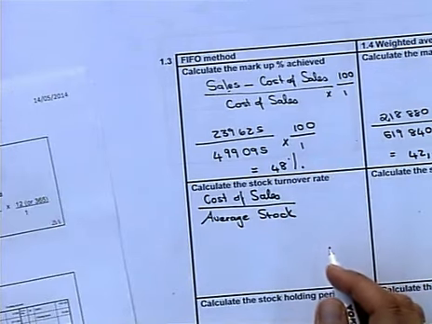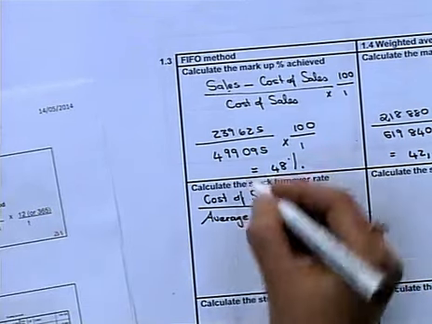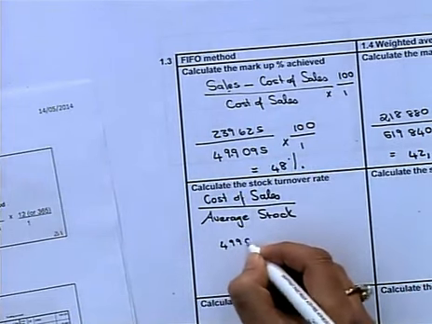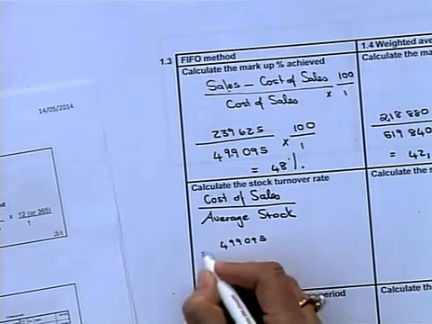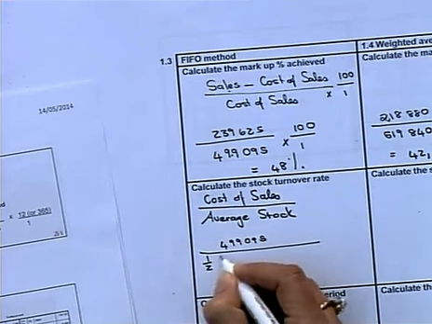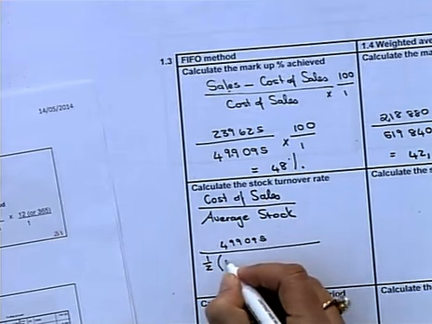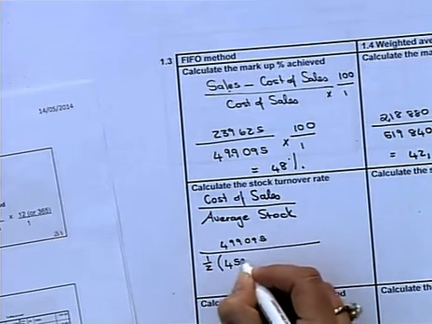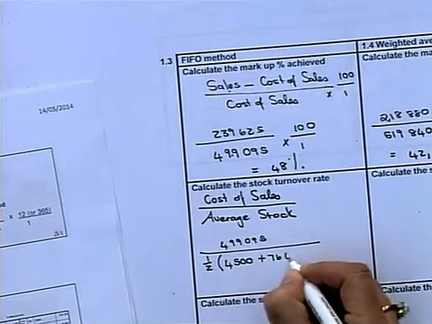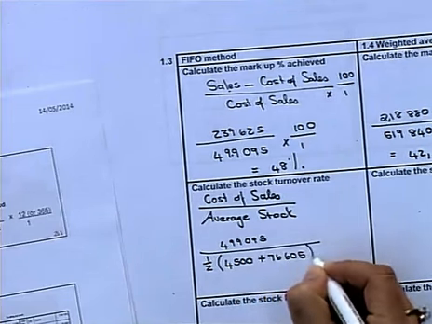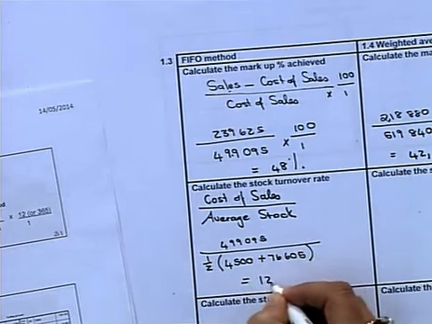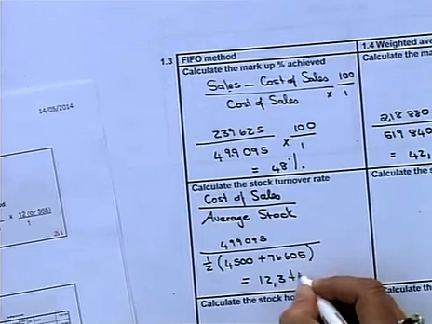So my cost of sales is 499,095, the same that I used in the previous example, and I divide that by half of stock at the beginning of the year, remember that 4,500, plus stock at the end of the year, remember we worked that out in the very first question, and that gives me an answer of 12.3 times.